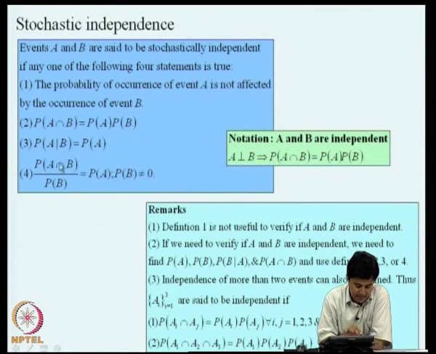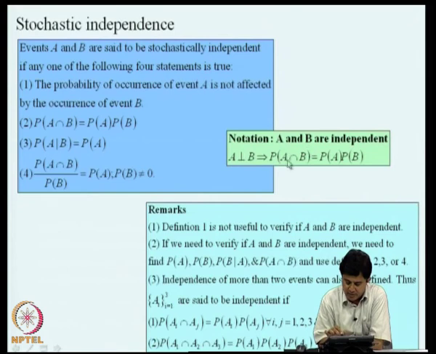Another definition is, if the probability of A intersection B divided by the probability of B is nothing but the probability of A, then we say that A and B are independent. All these four definitions are equivalent, and depending on the context you can use whichever definition is convenient. This notation is used to denote that A and B are independent.